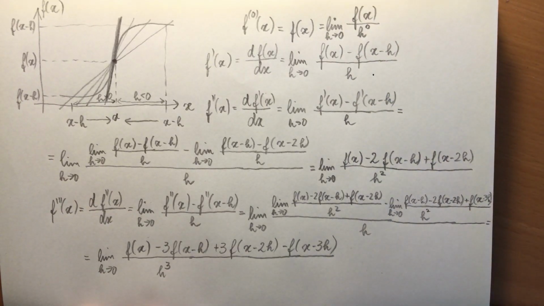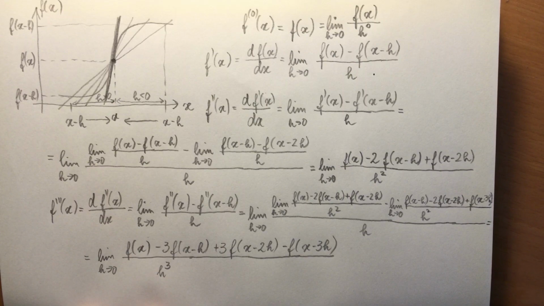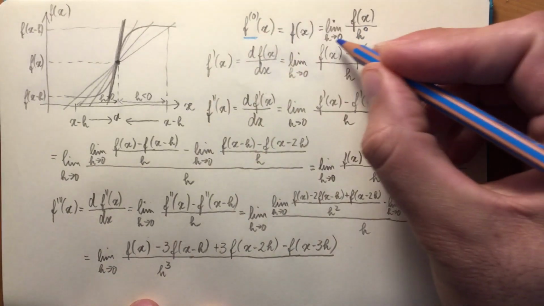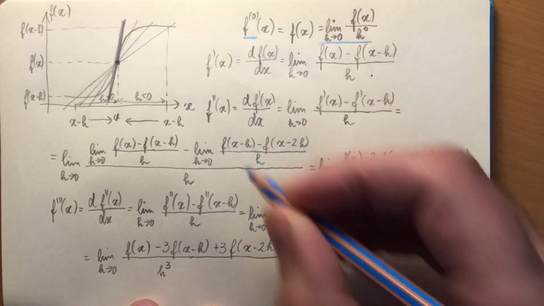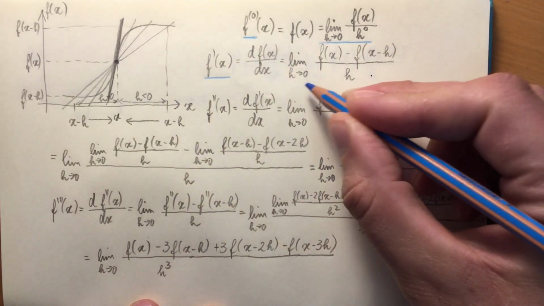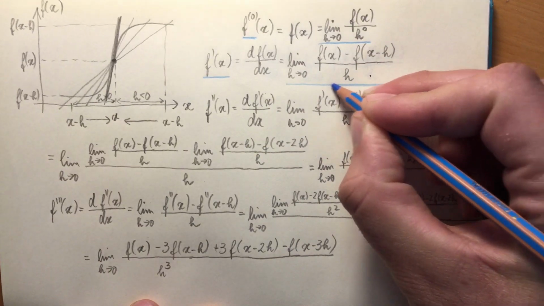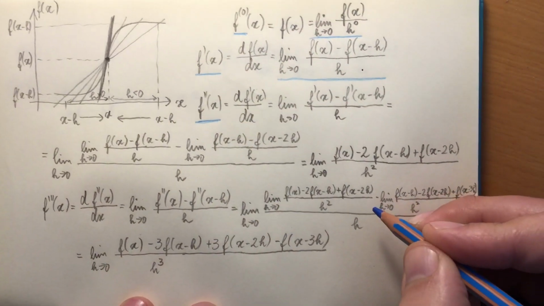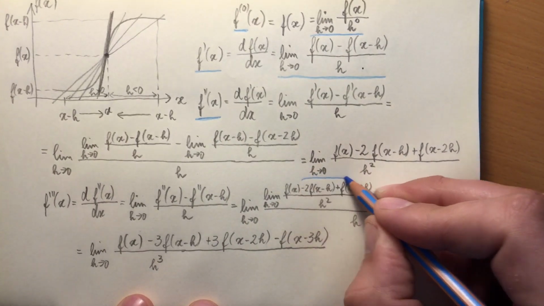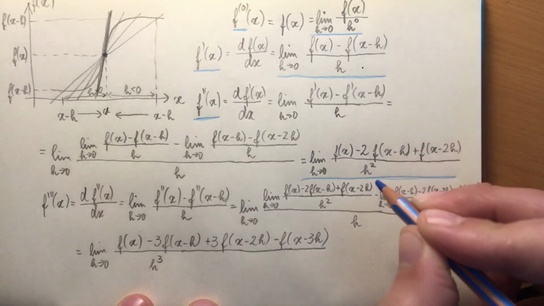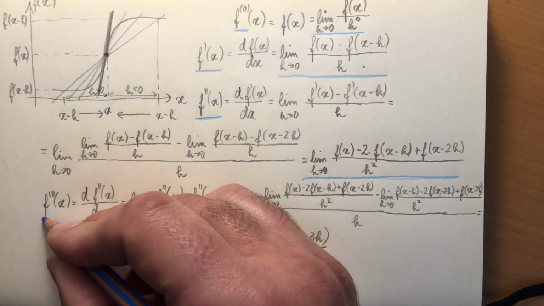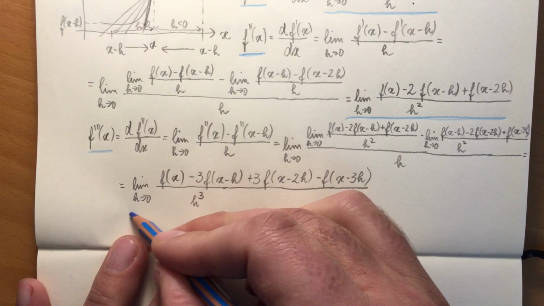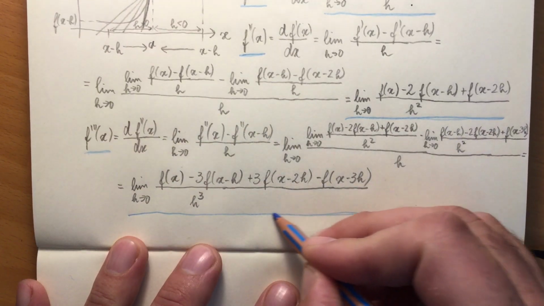Let us then take a good look at these expressions we have found. We have the derivative of order 0, and the derivative of order 1, for which we have, by definition, this. For the derivative of order 2, I have this expression here, and for the derivative of order 3, I will have this expression here.